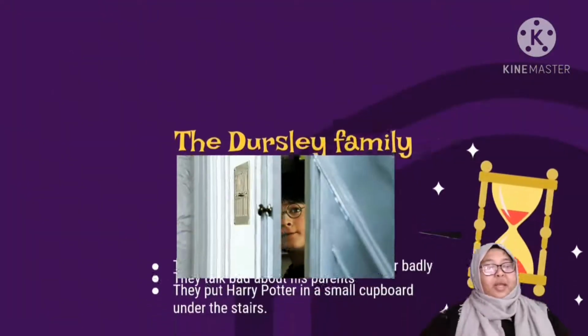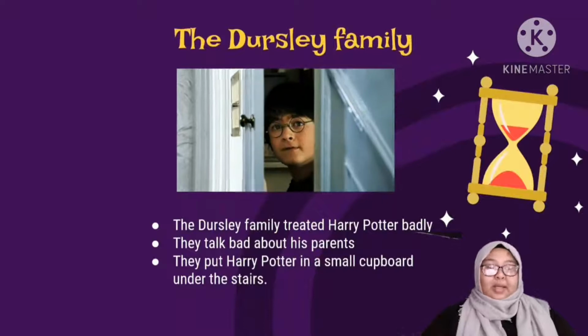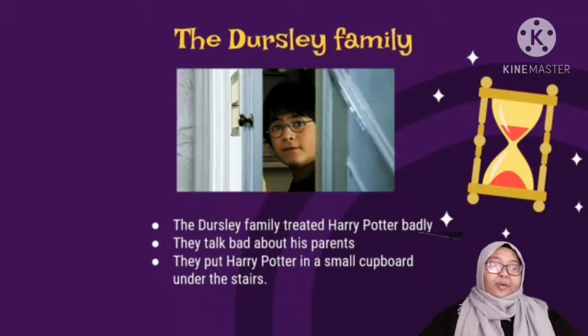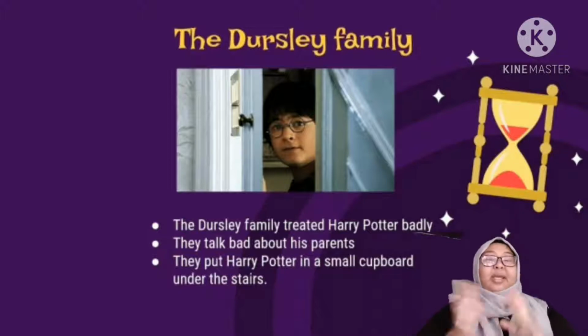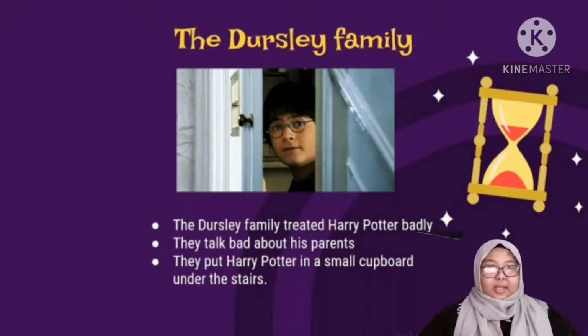So first of all, the Dursley family. Even though Harry Potter has been living in a very cruel environment where he lived in a cupboard under the stairs by the Dursley family for more than 10 years, Harry Potter did not lose his respect towards the family, as the family has raised him on behalf of his parents.